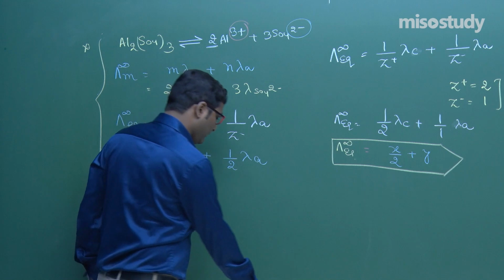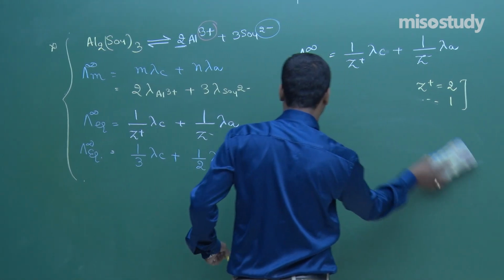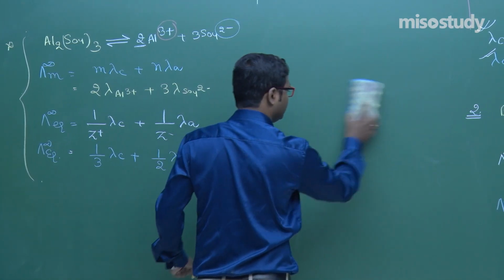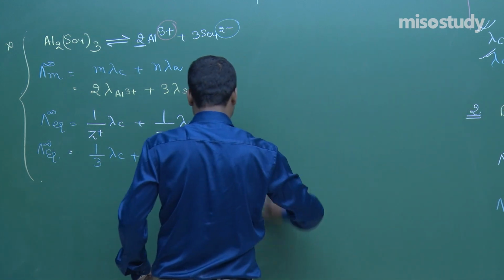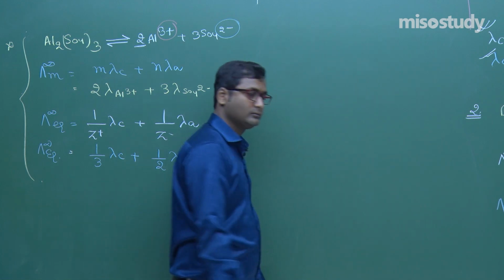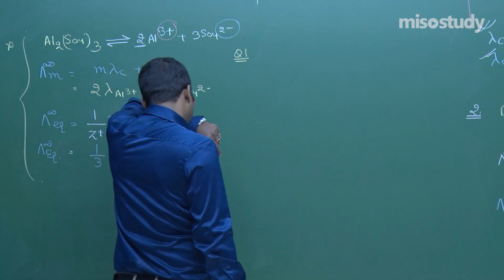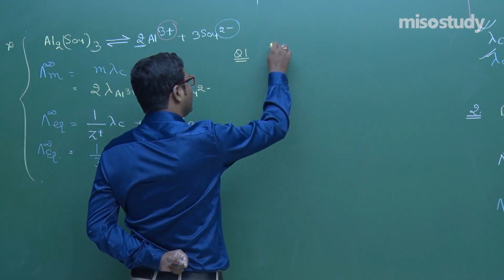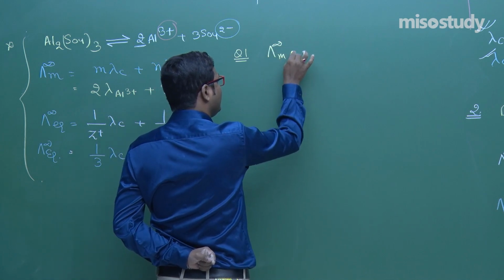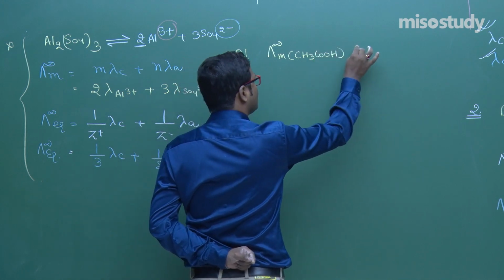Now moving here, my friend, I am giving you a question. Listen carefully what I am telling. Now, the question is, you have to find the molar conductivity at infinite dilution of CH3COOH.